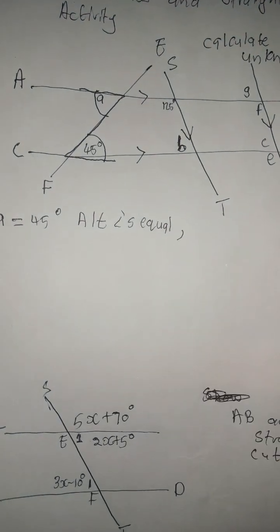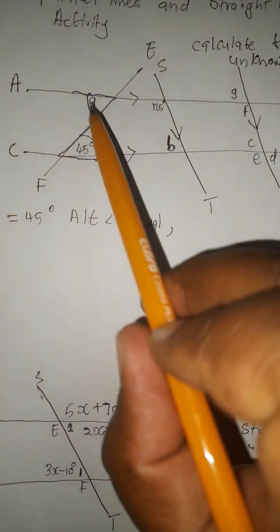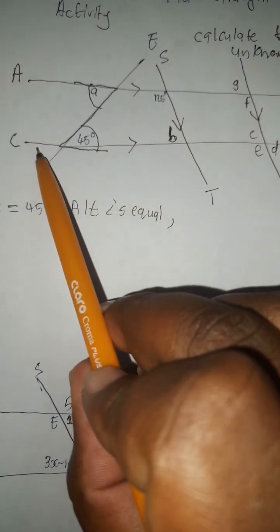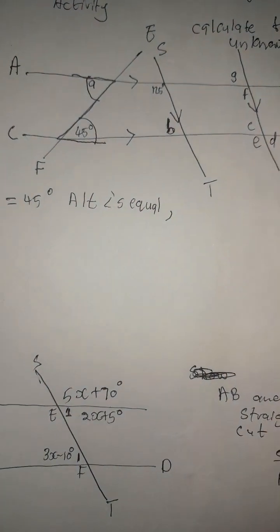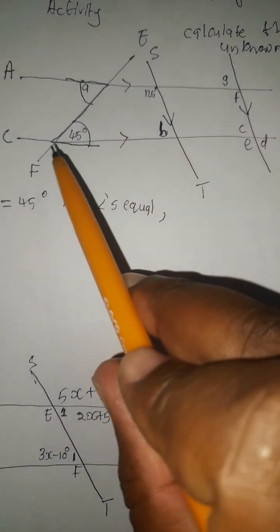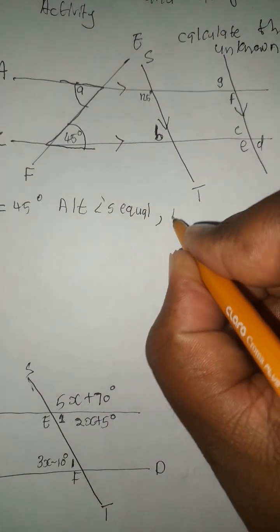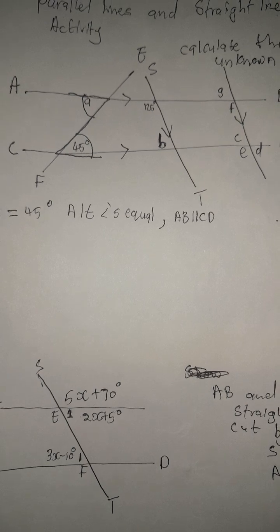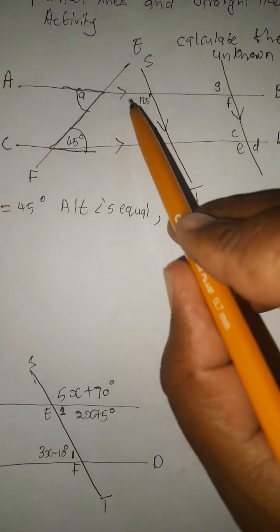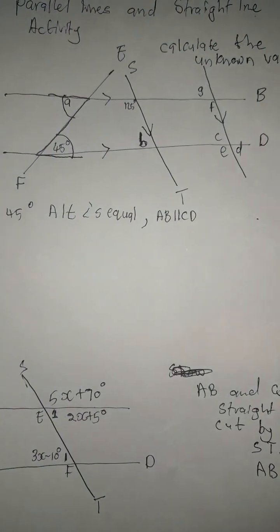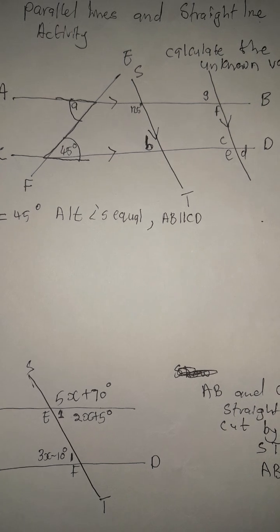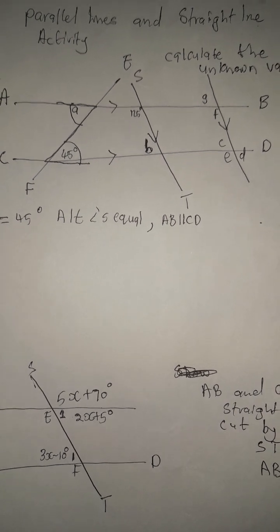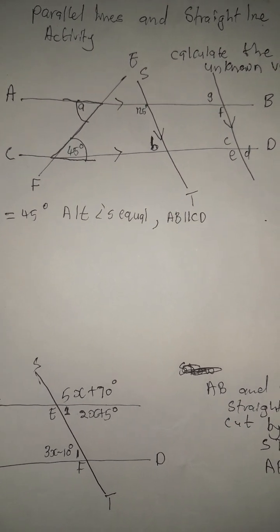Under which parallel lines? Under AB and CD. Under these parallel lines, AB and CD. So we are going to put AB is parallel to CD. Whenever you see these arrows, it means that these are parallel lines, right? So whenever you're given parallel lines, think of FUN.